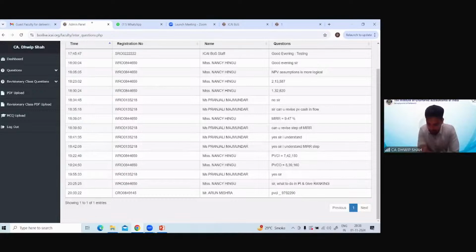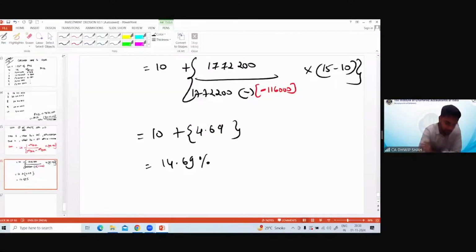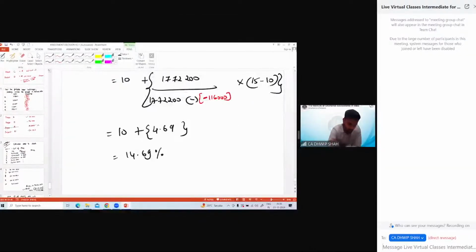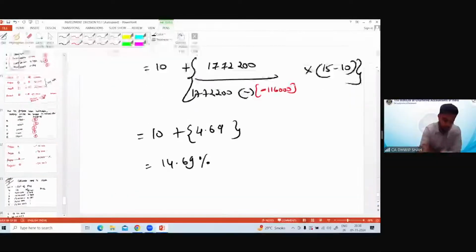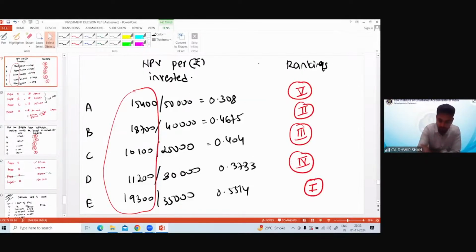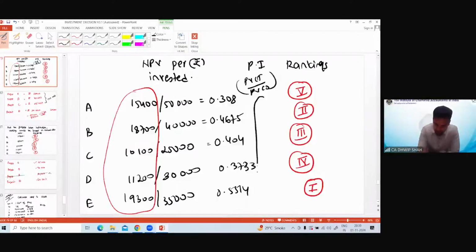Nancy Hingu had a question: what to do in PI? See, in the capital rationing method, instead of NPV per rupee of capital invested, you have to calculate PI. PI means profitability index, and it is nothing but PVCI divided by PVCO.